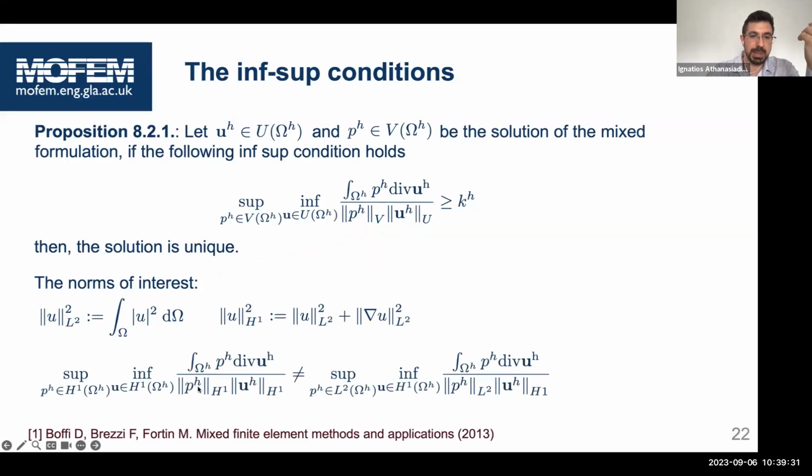And that means that depending on the choice, on the left-hand side, we have essentially the Taylor-Hood element. On the right-hand side, we have the Crouzeix-Raviart. And because these two norms are different, their relationship is different. And therefore, the choices we have to make are going to be different depending on the space that we are choosing.